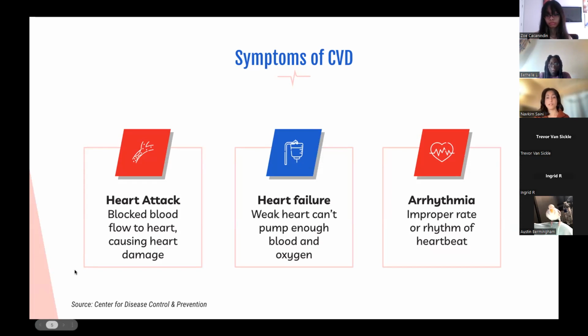And then we also have arrhythmia, which relates to an improper rate or rhythm of the heartbeat, and that usually relates to an imbalance in the person's electrolytes. That's something to consider.